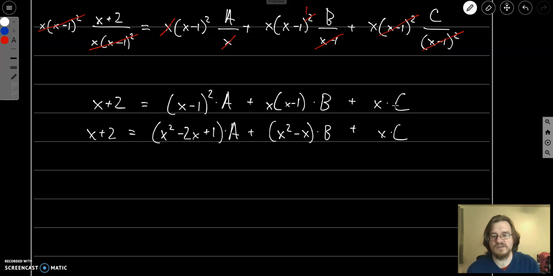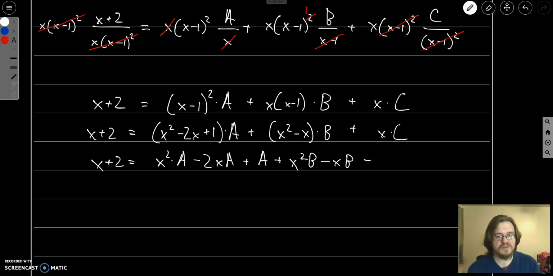And then we'll distribute this a and this b. So I have x squared times a minus 2x times a plus 1 times a, well, that's just a, plus x squared times b minus x times b plus x times c.